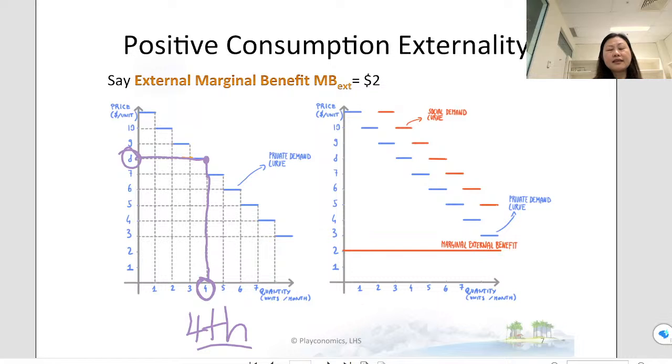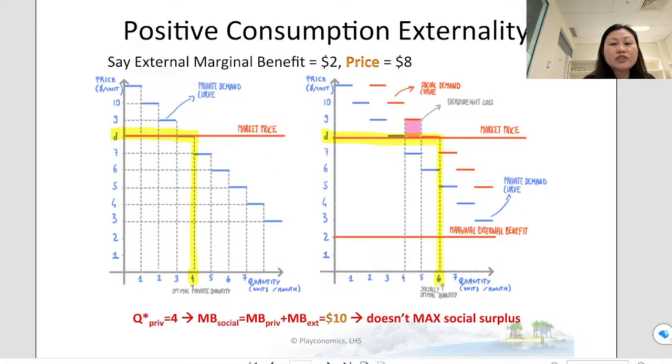Now, let's look at this from a slightly different perspective. Let's say that your market price is $8. Okay? We know that your external marginal benefit is $2. We can see that here. Your marginal external benefit is $2. Your market price is $8.